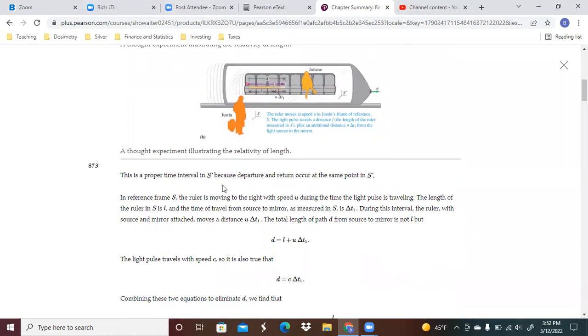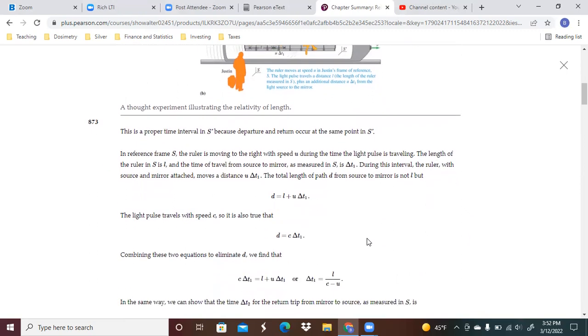This is a proper time interval in S prime because departure and return occur at the same point in S prime. In reference frame S, the ruler is moving to the right with speed u during the time the light pulse is traveling. The length of the ruler in S is L, and the time of travel from source to mirror, as measured in S, is delta T1.